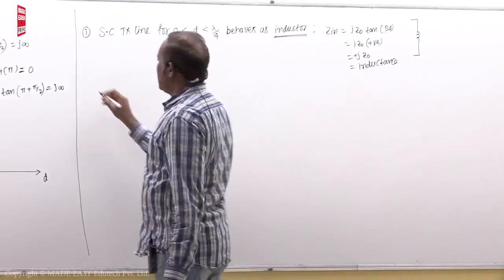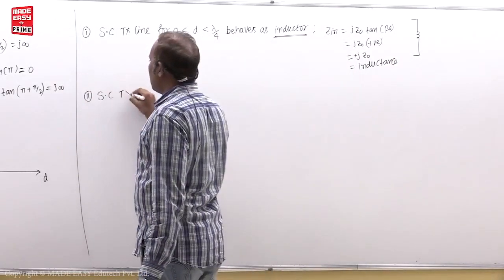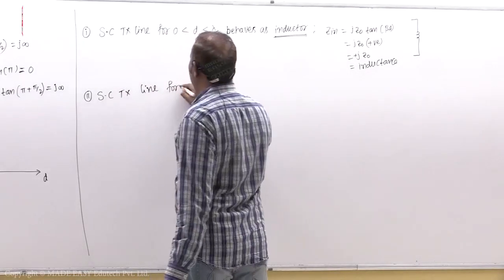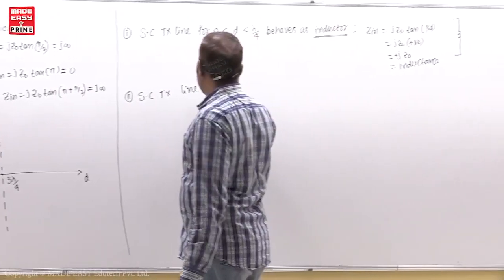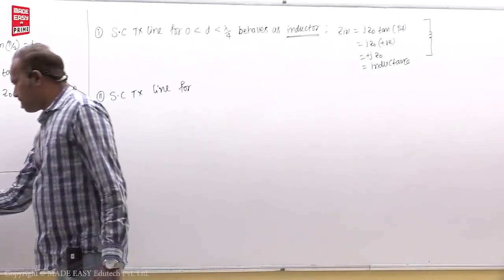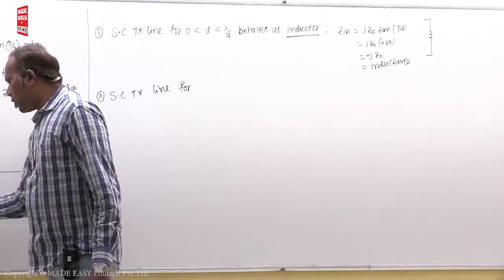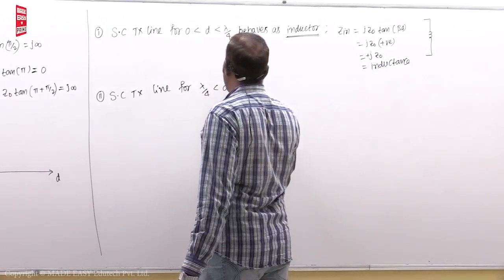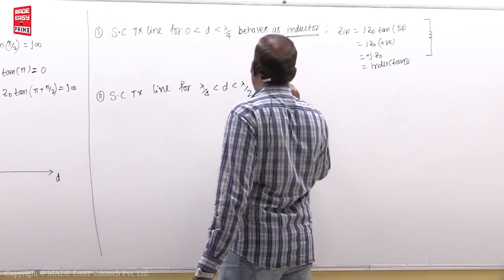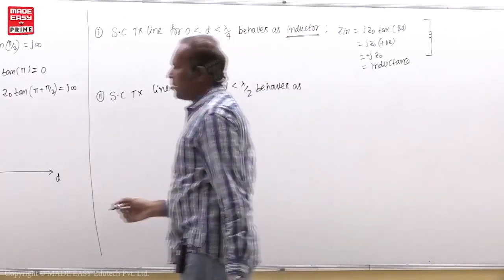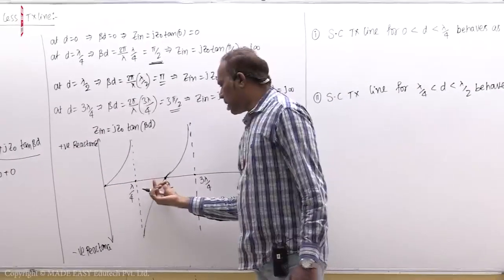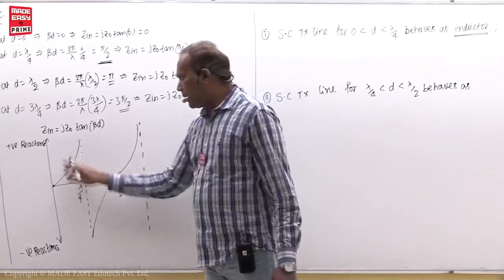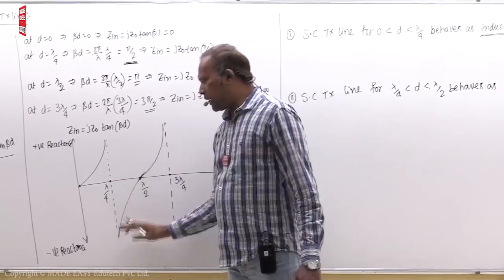Now the second question, dear students. Short circuit transmission line for lambda by 4 to lambda by 2 distance behaves as what? Here you see, for this distance it is a negative value, so it behaves like a capacitor.